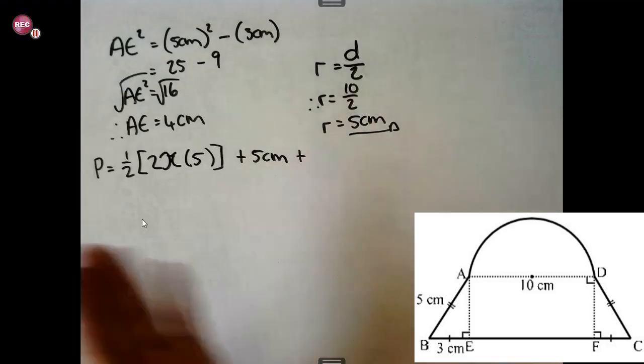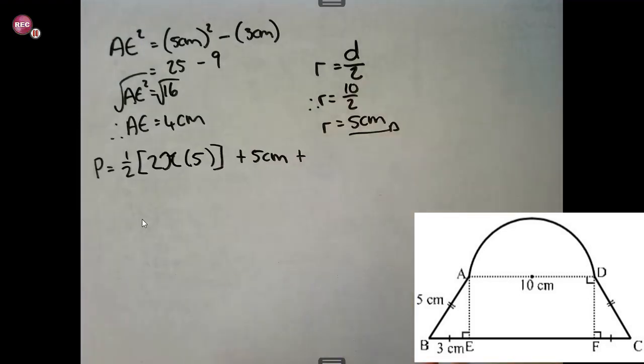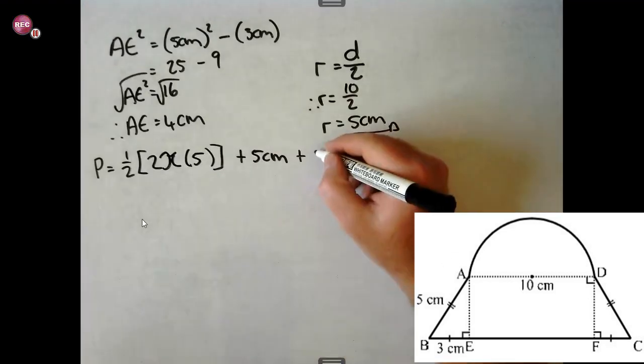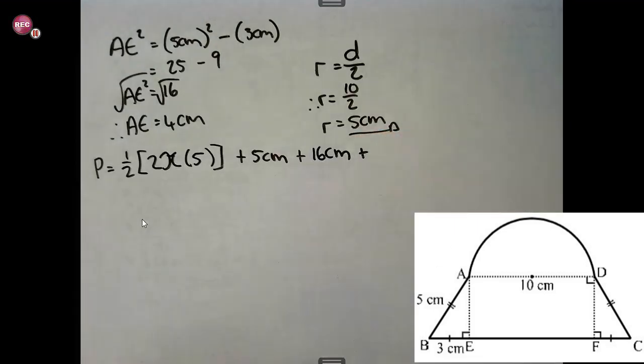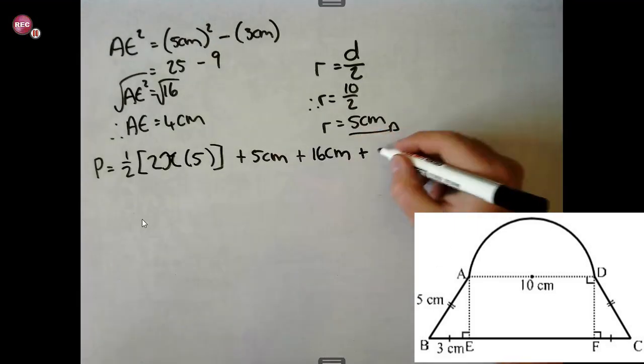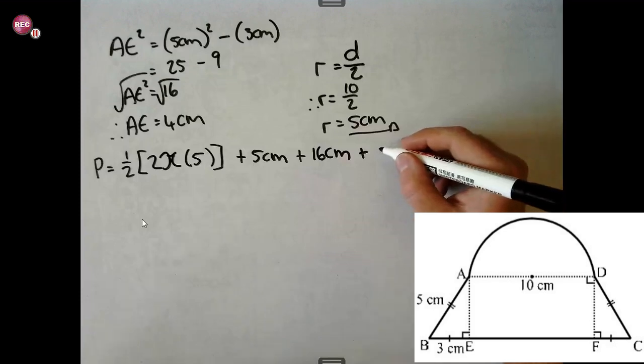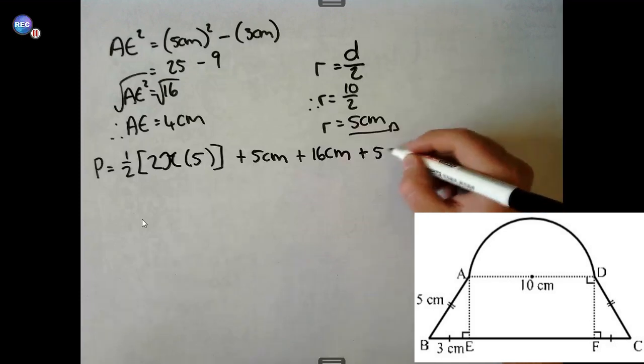You need to add those two 3's together and add it to the 10. So it would be 3 plus 10 plus 3 gives me 16 for the total of the base. And then I add the other side of the triangle, which is side AB, which is also 5 centimeters.